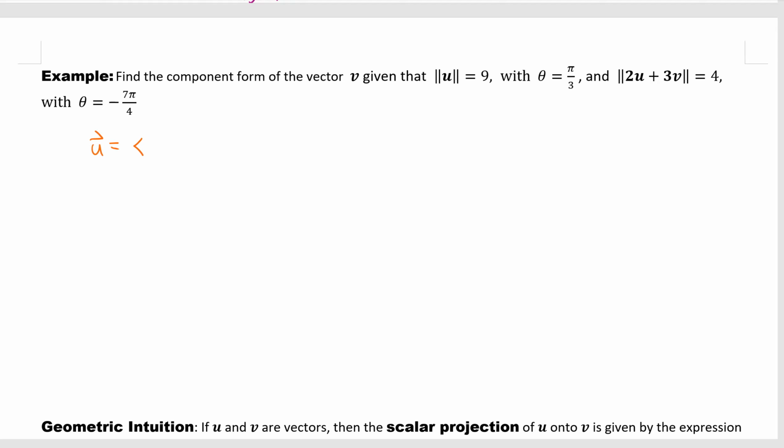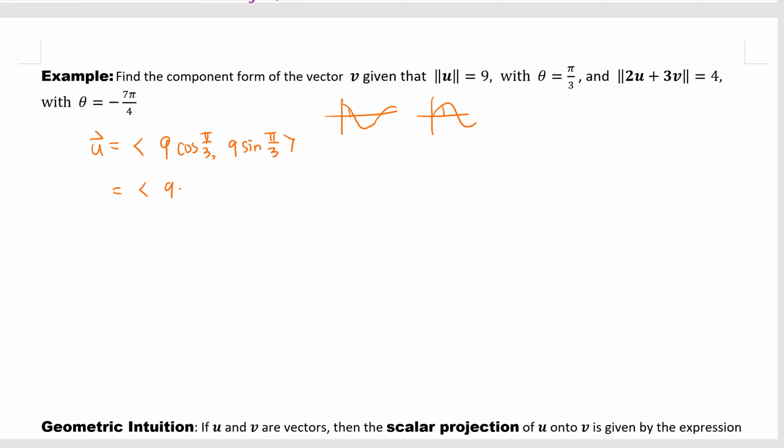So u equals, the x coordinate is 9 cosine pi over 3, and the y coordinate is 9 sine pi over 3. So pi over 3 is 60 degrees, right? Cosine is right here, and sine is right there.